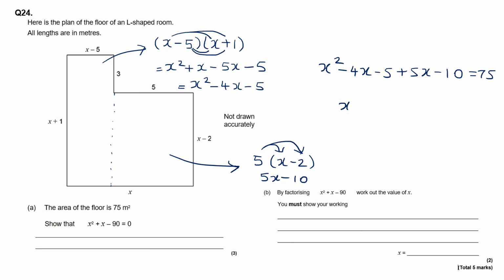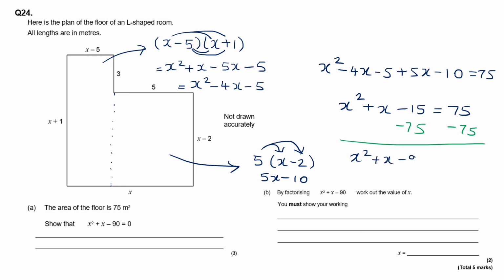So this is x squared plus x minus 15 is equal to 75. We simplified, and we need to take 75 away from both sides since we are trying to write it down as a quadratic, and it needs to equate to 0. So we're going to have x squared plus x minus 90 is equal to 0. So that's how we can find it.